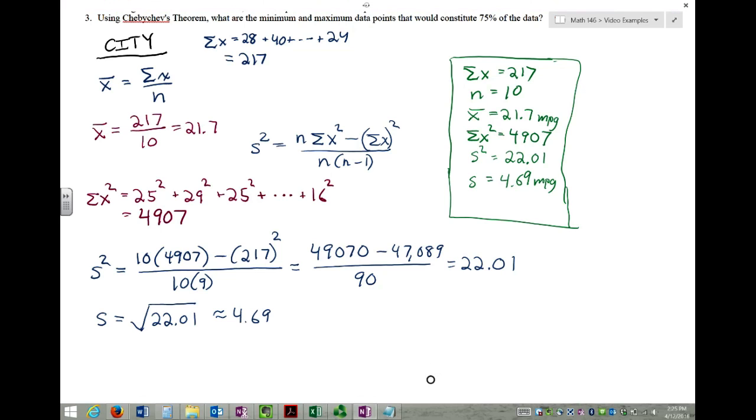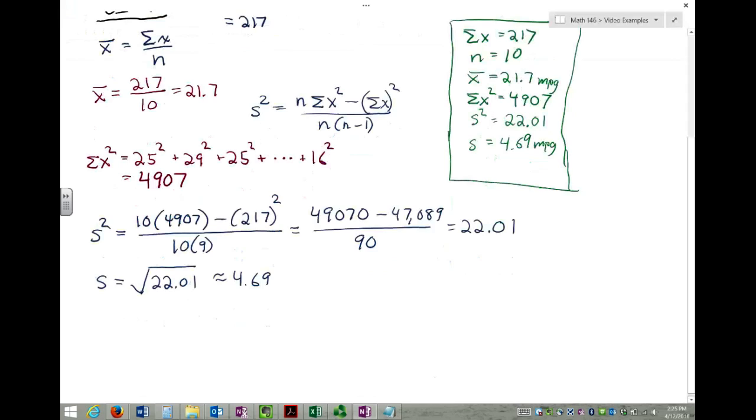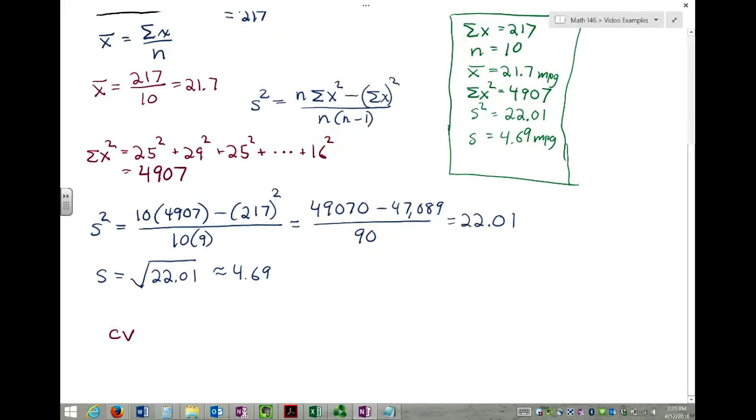Okay, last thing we have to do is find the coefficient of variation. The coefficient of variation is going to be 100% times a ratio of the standard deviation over x bar. So we're taking the standard deviation relative to the mean, and so we have 100% times 4.69 out of 21.7.